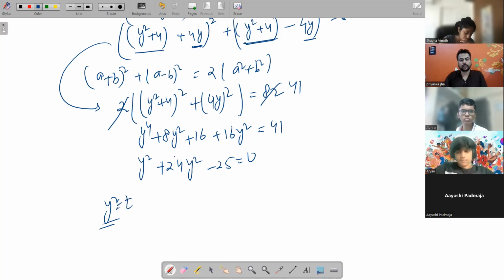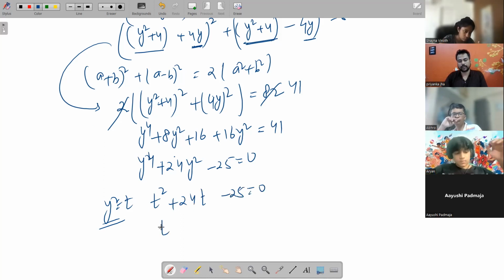Assume y square equal to t. So now this is t square plus 24t minus 25 equal to 0. If you factorize it, you will get t minus 1 into t plus 25.